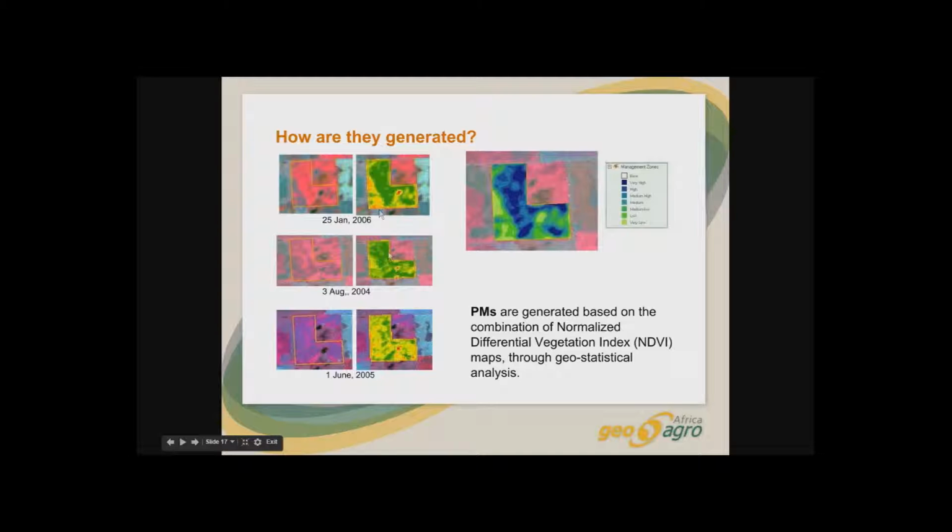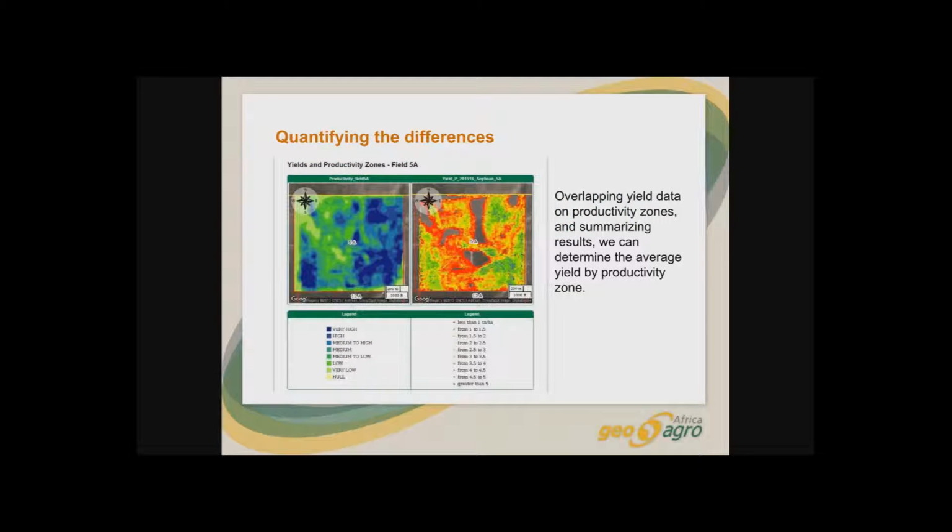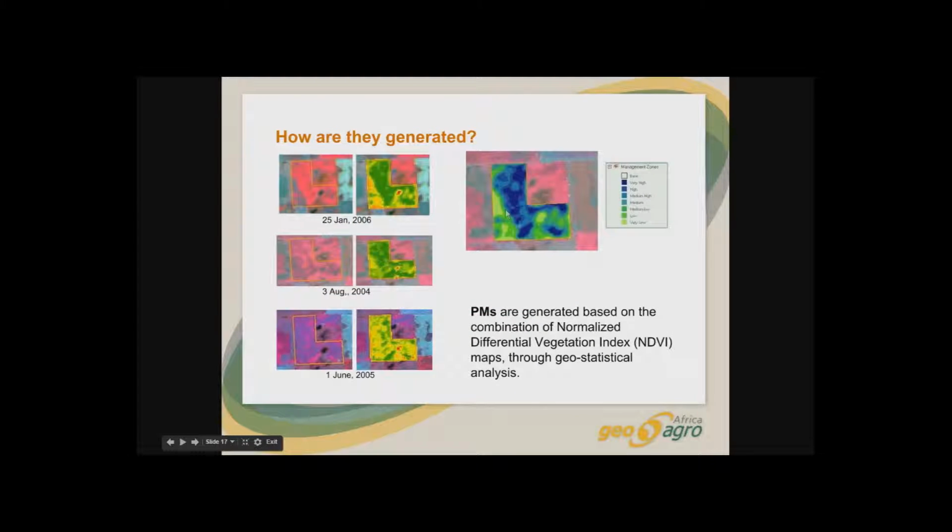So using those images, we'll be able to combine them using geostatistical analysis and create a summary productivity map with areas that have been historically low and areas that have been historically high in yields. Now, we can also quantify those differences, because what we have is a qualitative map.